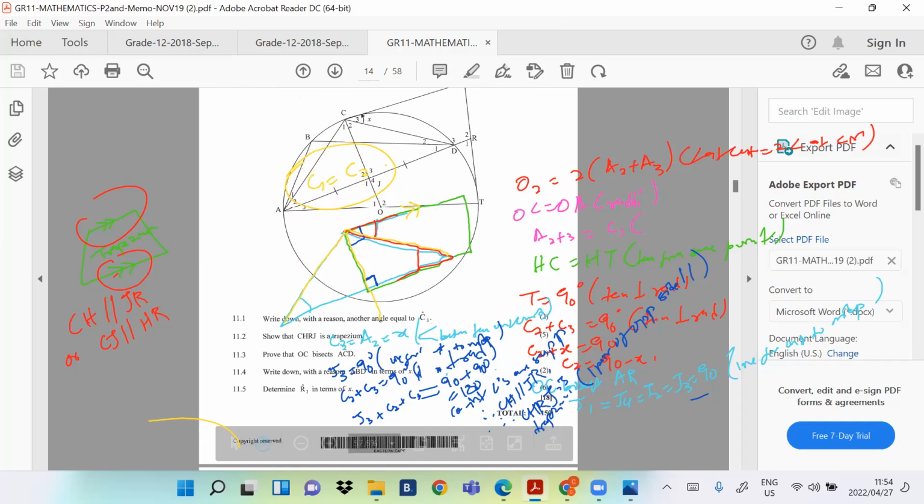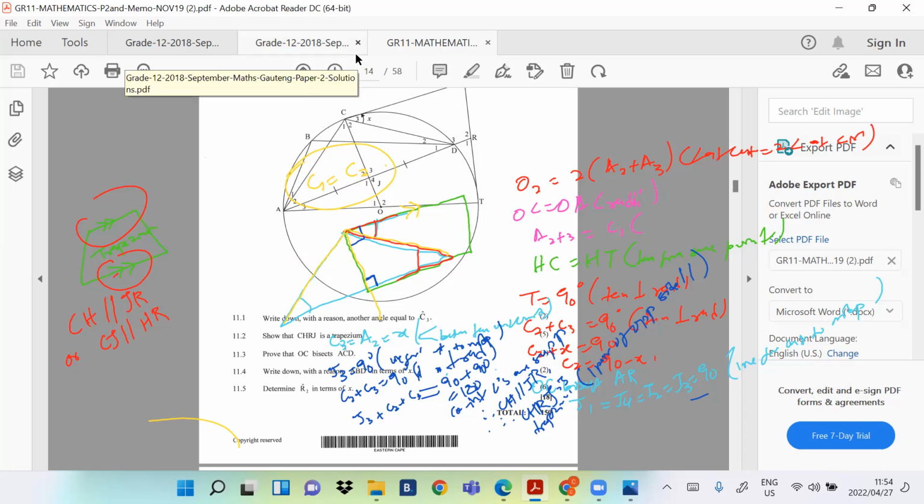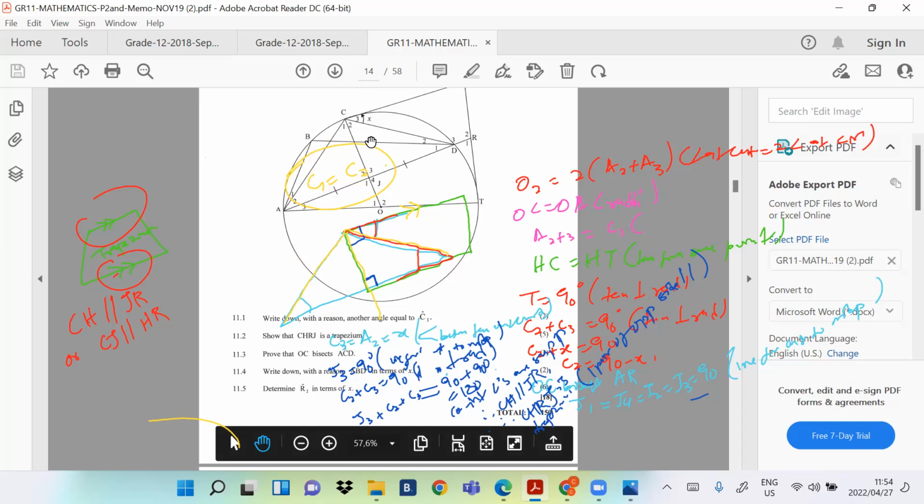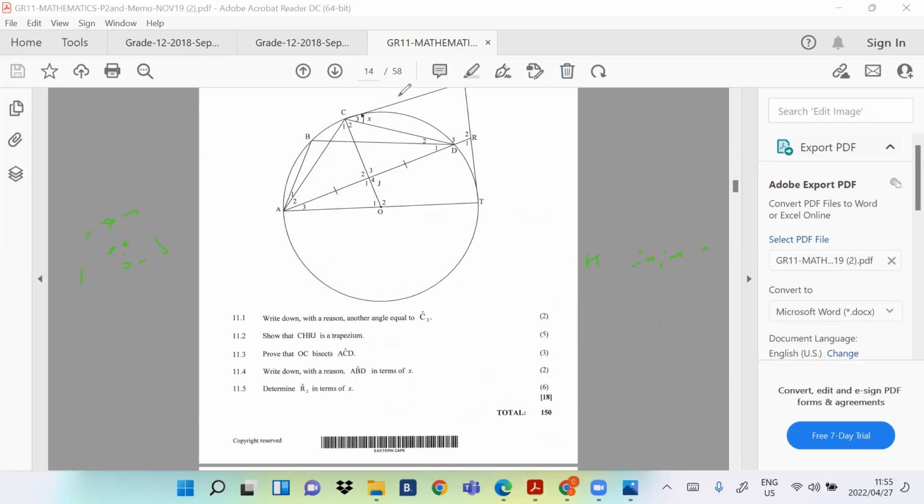I don't want to hide the sketch. So we are proving that this bisects this angle. That means when it bisects it, C1 will be equal to C2, right? Yeah, that's what we're proving.